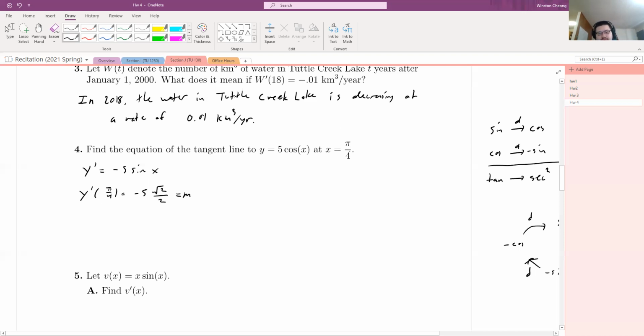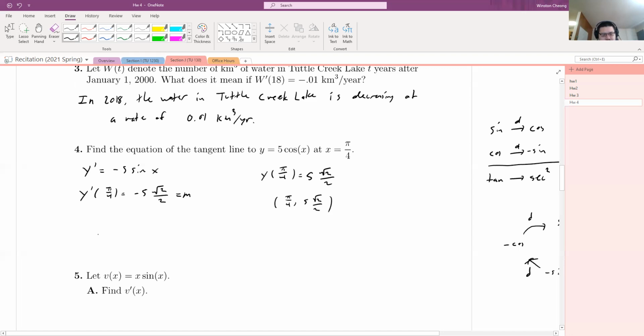And so this is your m for your tangent line, but you need a point as well. The point is going to happen at this x value, but I need to know the y value. So I need to know y at pi/4. Well, I plug right in. Cosine is going to be just like sine for this angle. It's also going to be √2/2. And so we get the coordinate. I can just rewrite it. The coordinate is this x coordinate and this y coordinate.